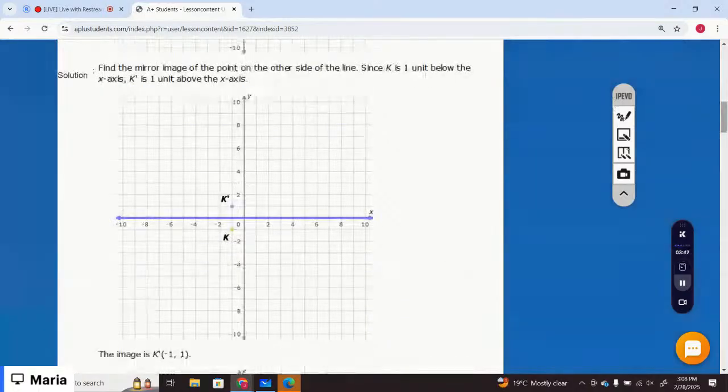So for the reflected image, find the mirror on the other side of the line. Since K is 1 unit below the x-axis, K dash is 1 unit above the x-axis, right? Because the original image is 1 point below the x-axis, so the reflected one is 1 point above the x-axis.